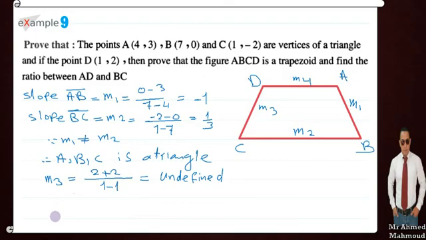Okay, M4, which is the slope of AD, equals 2 minus 3 over 1 minus 4, which is equal to negative 1 over negative 3, which is equal to 1 over 3.